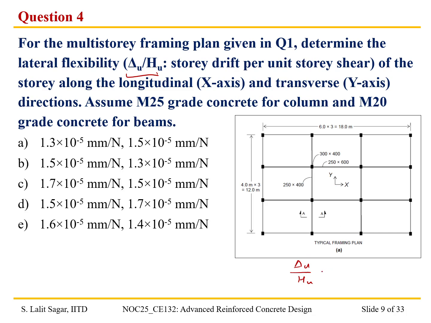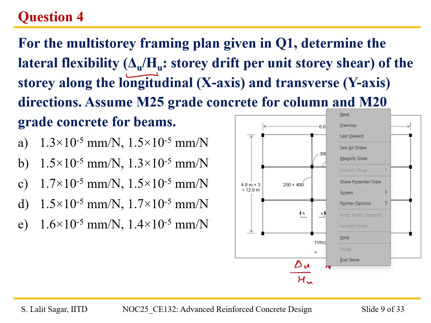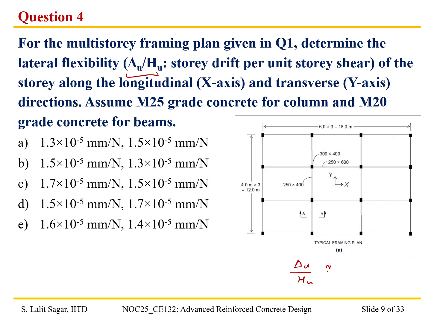The units are millimeter per Newton, hence it is called flexibility. On the other hand, if you express the stiffness of the framing plan, it tends to be in units of force per displacement, that is Newton per millimeter.